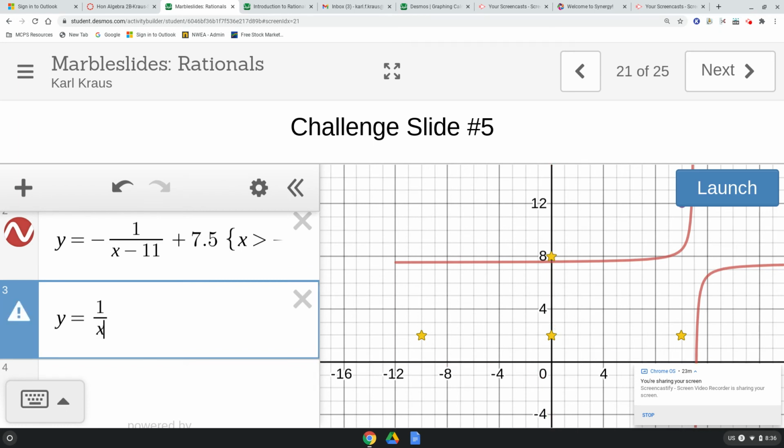So 1 over x. Let's make this blue. I'm having some trouble here changing the color. I'm supposed to hold this down and I don't know why it's not.